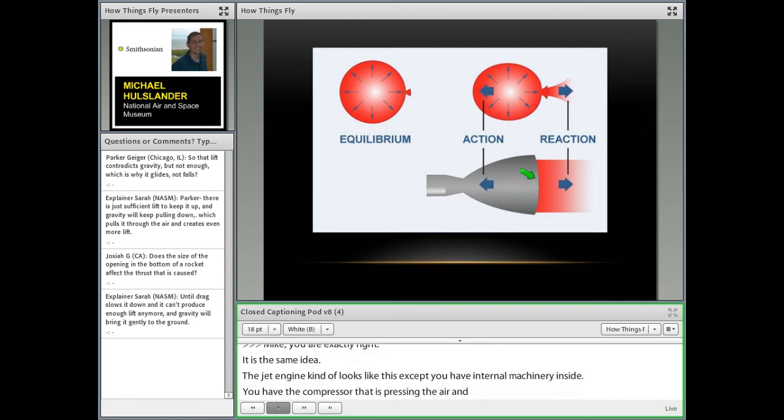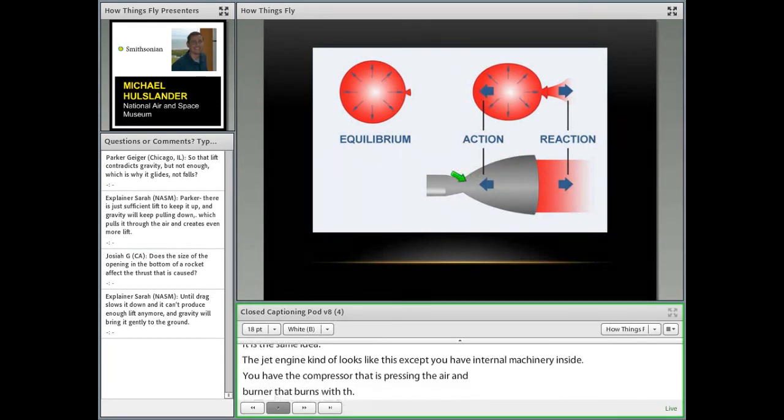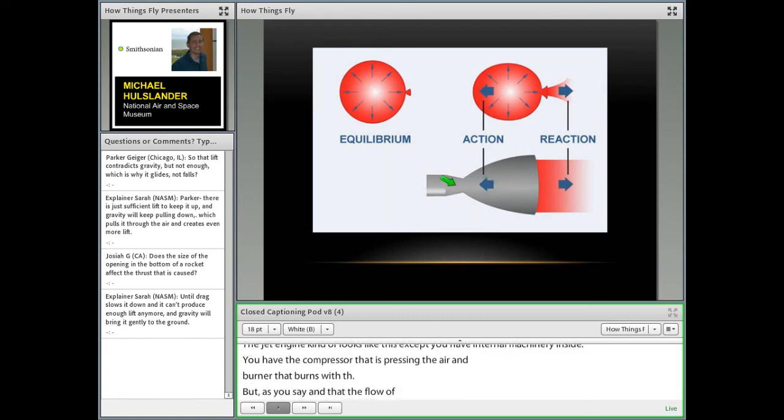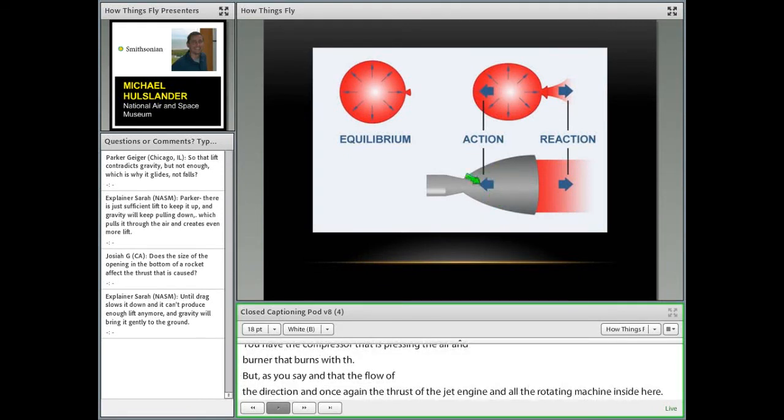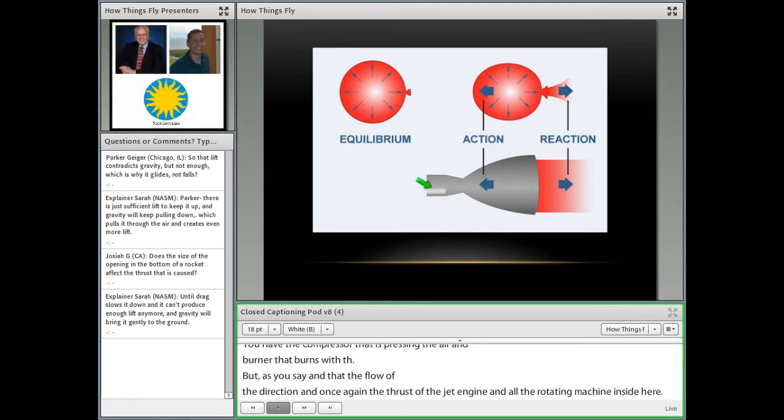And once again, the thrust of the jet engine, imagine this now as a jet engine with all this rotating machinery inside here. The thrust is the net effect of all the pressure pushing on the internal metal surfaces, in this case, not just the walls, but the compressor or the turbine blade, which pushes the jet engine forward.